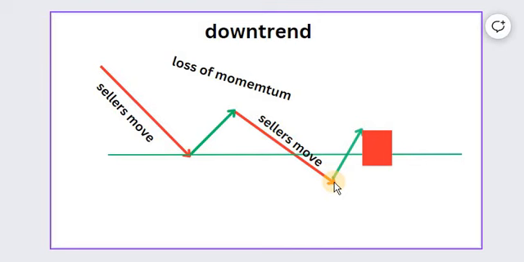The price is always coming down to look for a strong demand area. So the price has been falling from here. It got to this point, it retraced, and it came back down again. So what we are expecting is, when price comes back up, it will get to this point and come back down again.